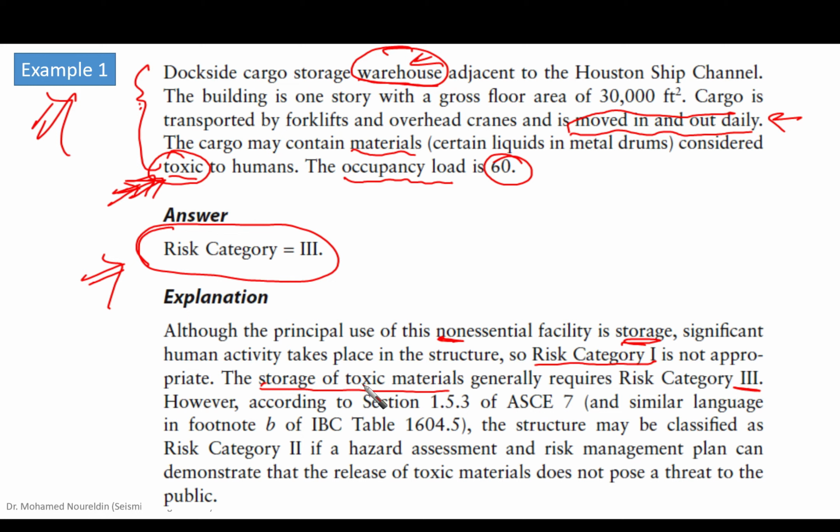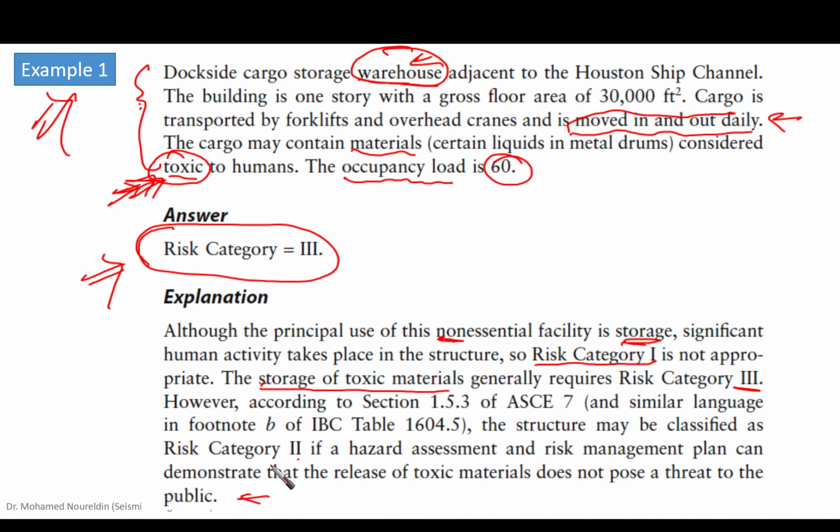However, according to section 1.5.3 of ASCE and similar language in footnote b of IBC Table 1604.5, the structure may be classified as risk category 2 if a hazard assessment and risk management plan can demonstrate that the release of toxic materials does not pose a threat to the public.